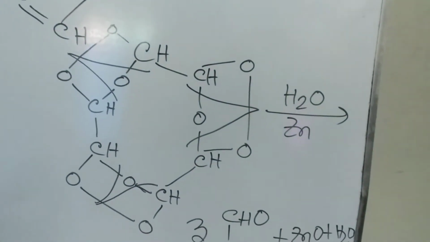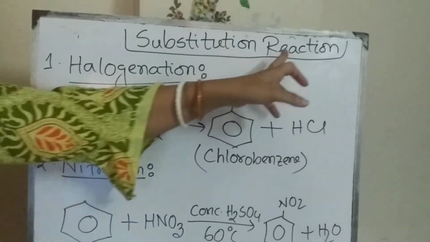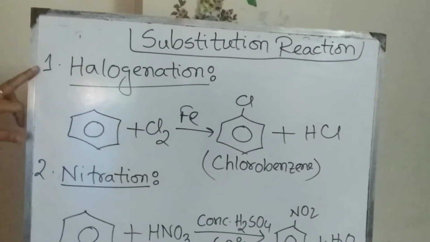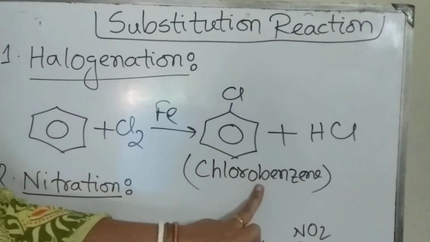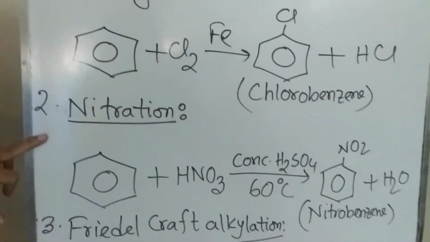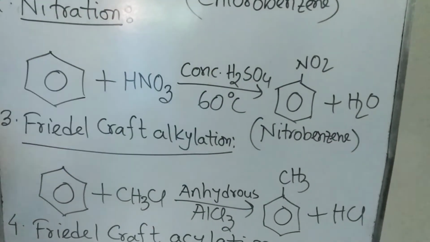Now I discuss with you the substitution reactions of benzene. First one is halogenation. When benzene reacts with chlorine in presence of iron, then it produces chlorobenzene and hydrochloric acid. Next one is nitration. You know, in nitration, nitric acid and sulfuric acid are used.